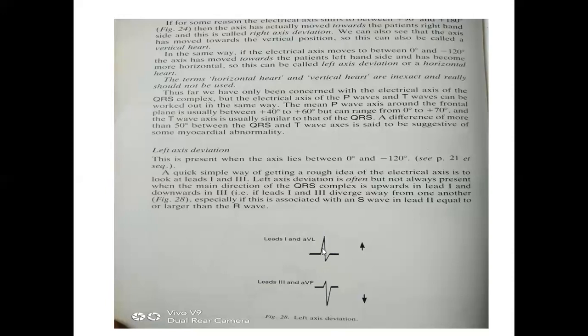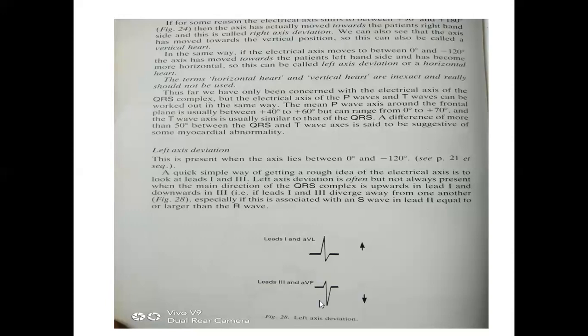Here we take plus 4 and minus 10, so the answer is going to be minus 6. So lead 1 is equal to plus 6 and lead 3 is equal to minus 6. Is this clear?